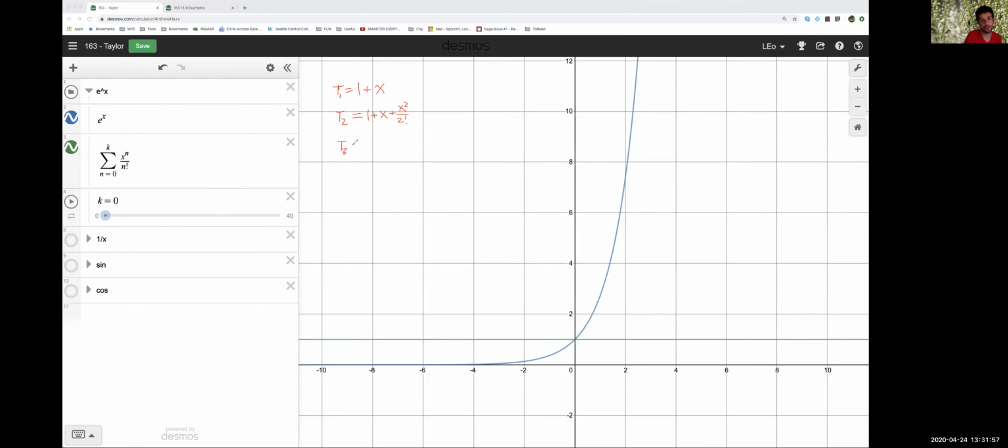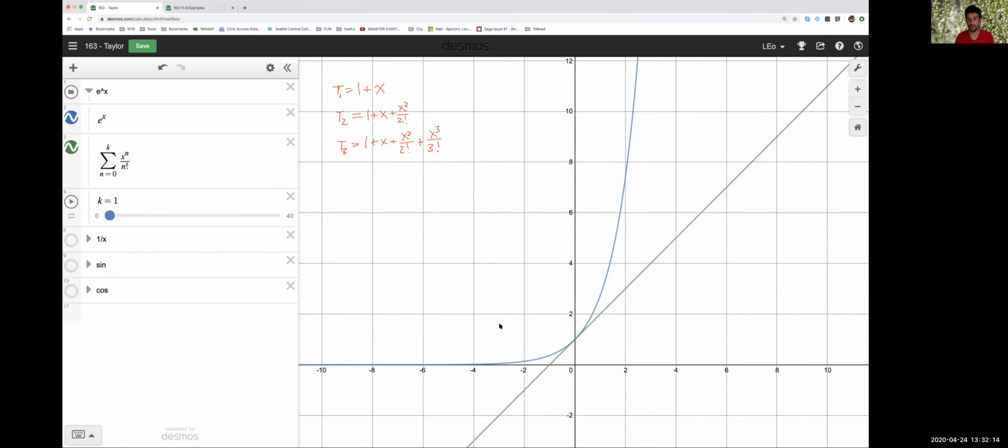And T3 was 1 plus x squared over 2 factorial plus x cubed over 3 factorial. Okay. So if I change k to 1 here, there's our tangent line approximation. This is T1, 1 plus x. This is the tangent line that you built in Calc 1 to approximate this function here.